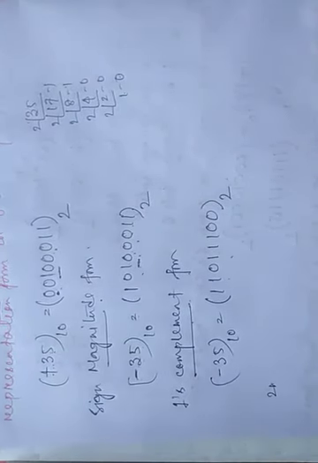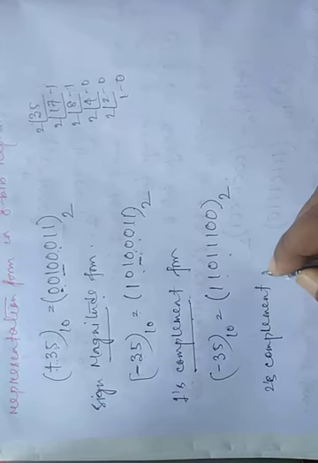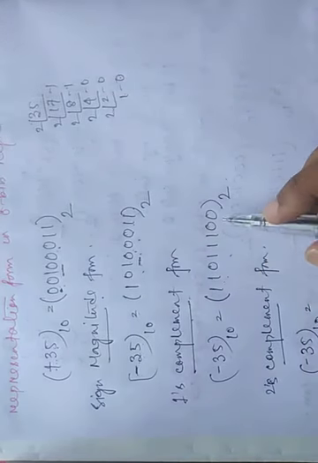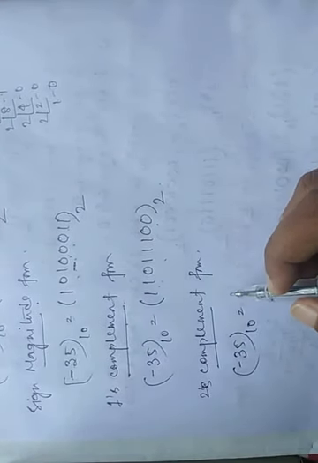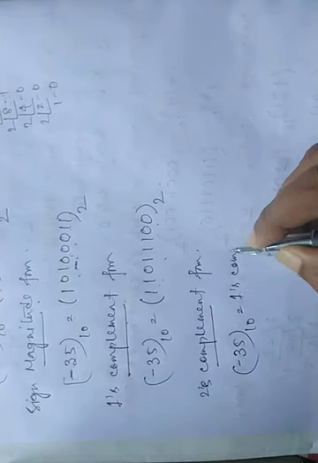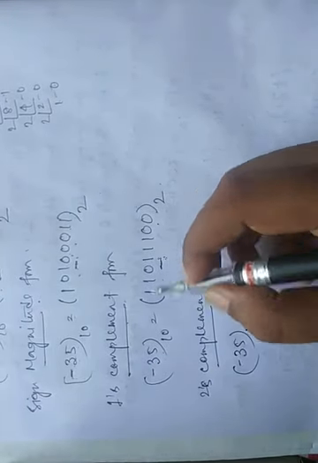Now 2's complement form. 2's complement form means 1's complement plus 1. The 1's complement of what? Not this one, because this is minus 35 and already a negative value.